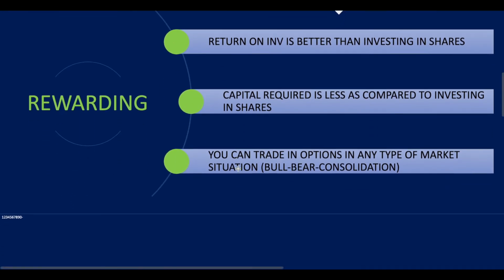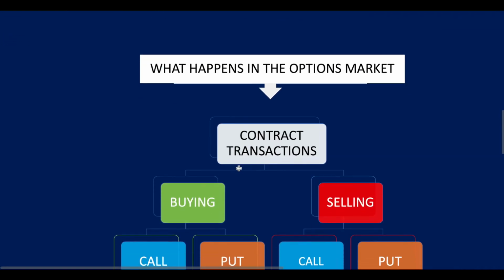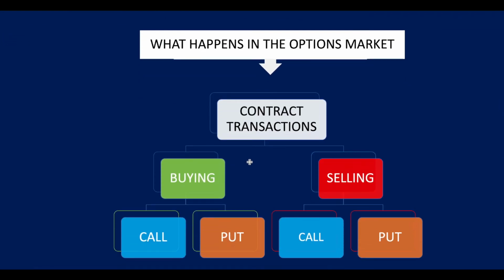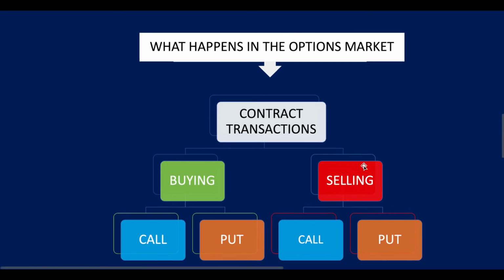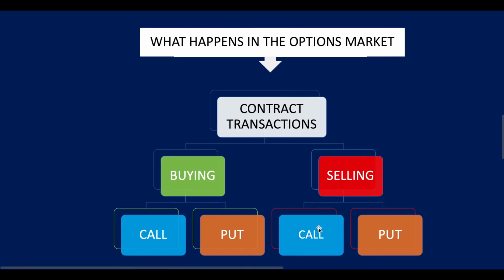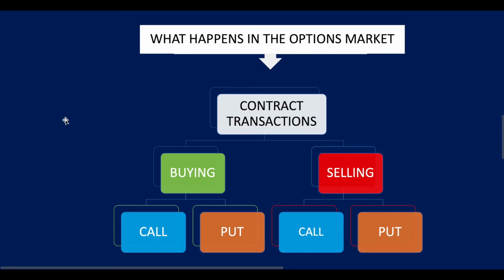Alright, let's go further. Now what happens in the options market? You have contracts and transactions running into millions. There is tons of buying and selling going on. You have entities called option sellers, and then you have entities called option buyers on the other side. What are option sellers doing? They are selling options called call and put, and on the other side you have buyers who are buying the respective calls and puts from the sellers.